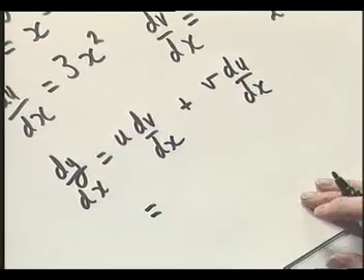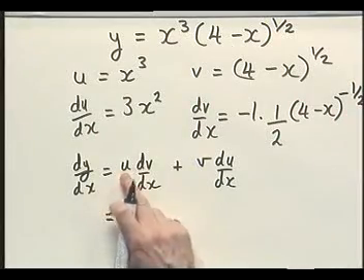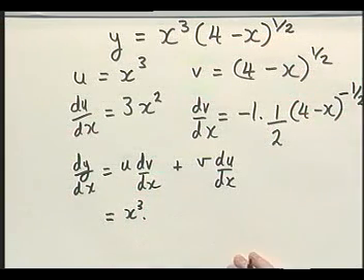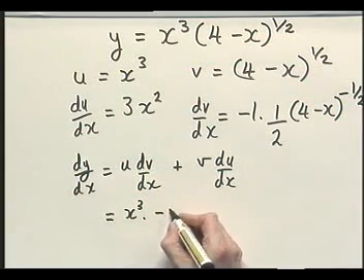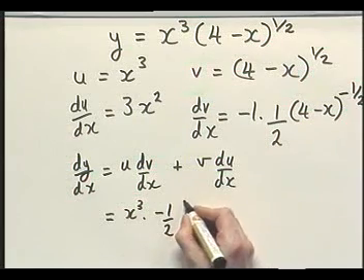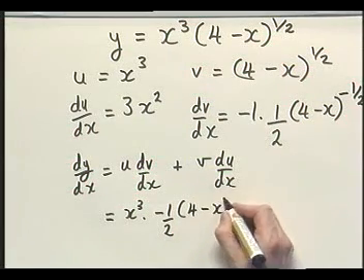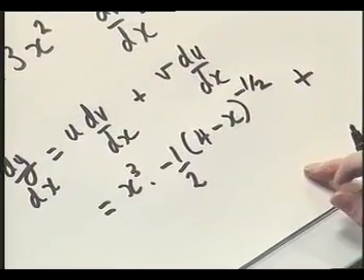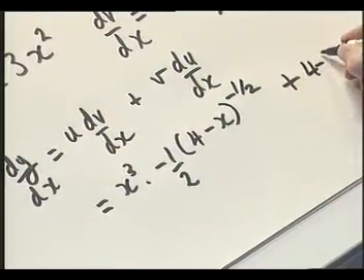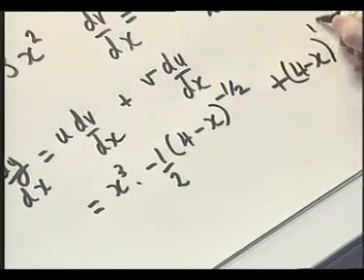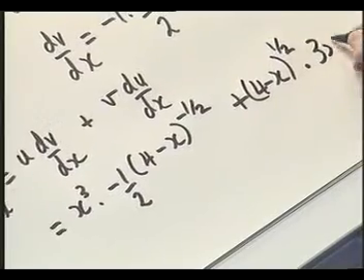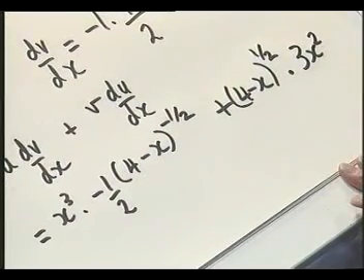And we can now plug in the bits that we need. So u is x cubed times this, minus 1/2 of 4 minus x to the minus a half, plus v du by dx, that's 4 minus x to the half times 3x squared.